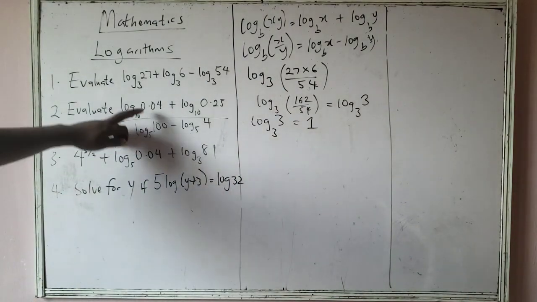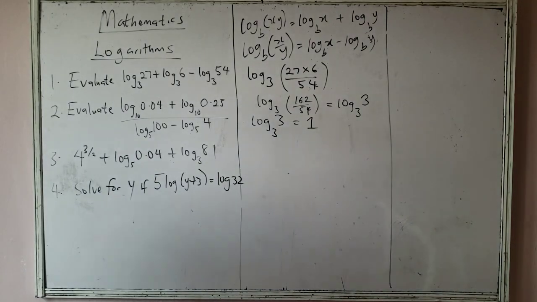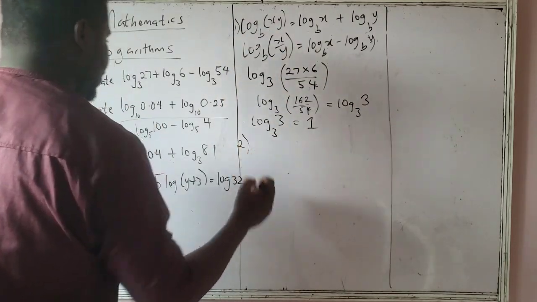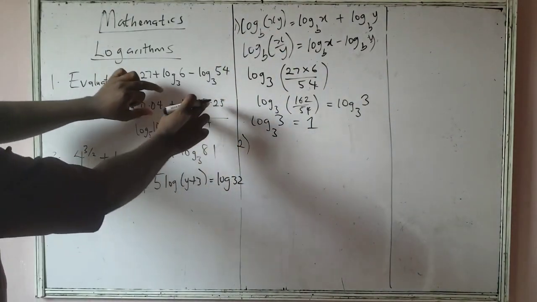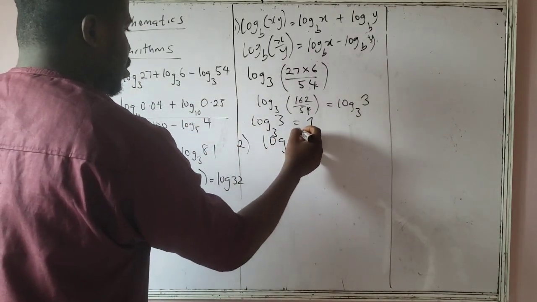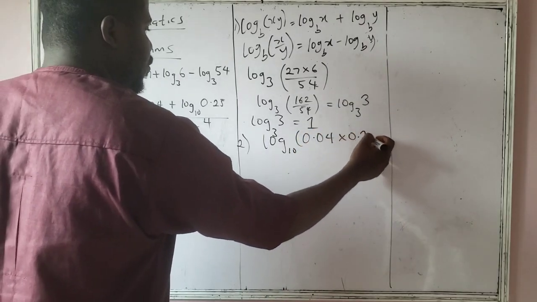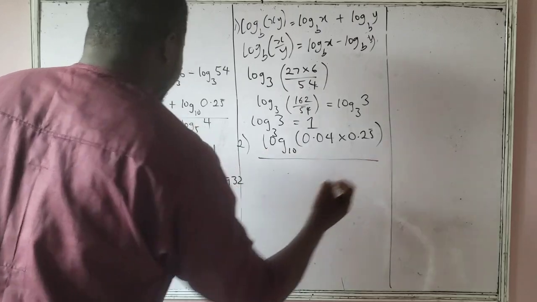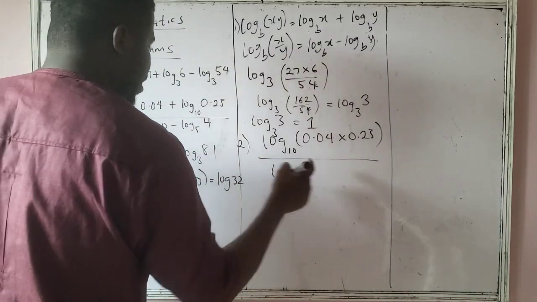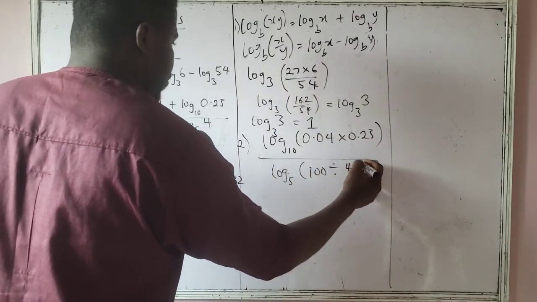So applying the same principle, let us quickly do this number 2 question. Evaluate, number 1 and number 2. So I will multiply this one and then divide this one. Let me do like this: log 0.04 and 0.25, log base 5, bracket, 100 divided by 4.